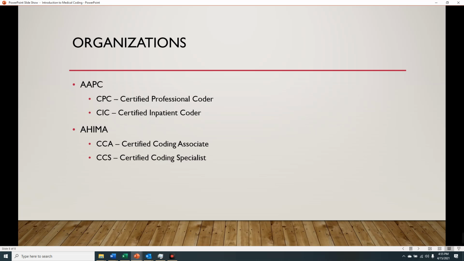They have a lot of specialty ones, but those are the two, maybe first ones that you would obtain. And then AHIMA has our CCA and our CCS. The CCA is the Certified Coding Associate and the CCS is the Certified Coding Specialist. And again, just an introduction. We're going to talk about these in much more detail, both in the reading and in upcoming weeks.